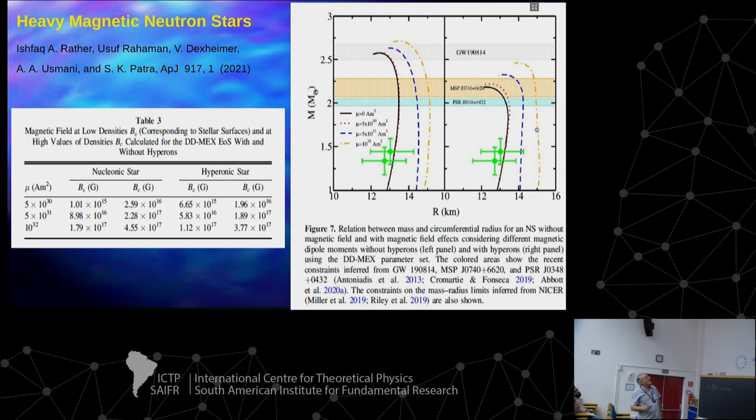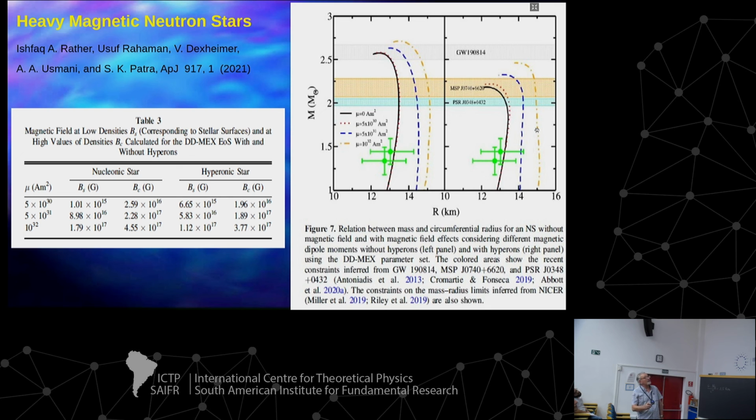And so this is an interesting paper from nowadays where they discussed these magnetic fields of nucleonic and hyperonic stars. But see, you are always talking about 10 to 15, 10 to 16 Gauss, okay, that of course maybe if you have a magnetar with external fields, they can.